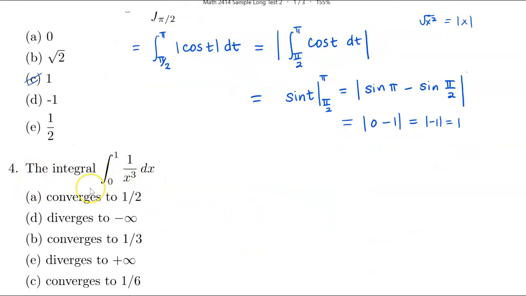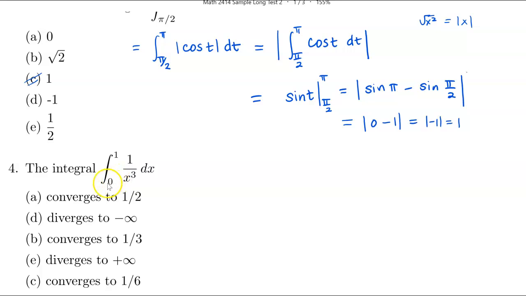In this number, we are asked to evaluate the integral of 1 over x cubed dx from 0 to 1. Now before you proceed, it looks like this is very, very easy, correct? So you really have to be very careful, and before you proceed, you examine whether there are points on the limits of integration or in between that will make the function undefined.